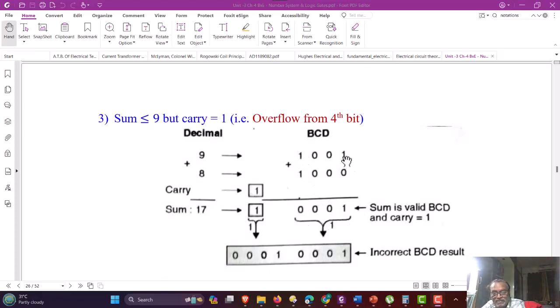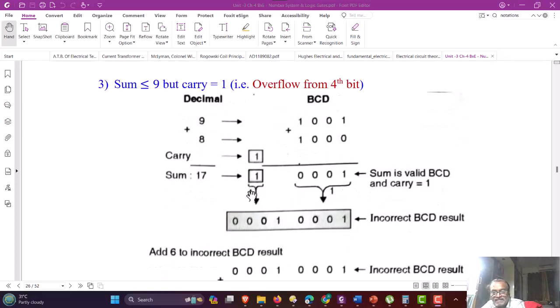But when you add this, 1 plus 0 is 1, 0 plus 0 is 0, 0 plus 0 is 0, 1 plus 1 is 0 and carry 1. So the result is less than 9 but carry is generated. Actually it is an overflow from the fourth column to the fifth column.